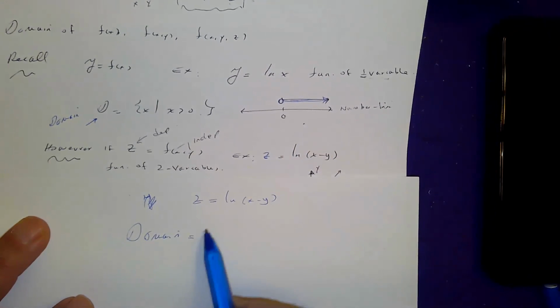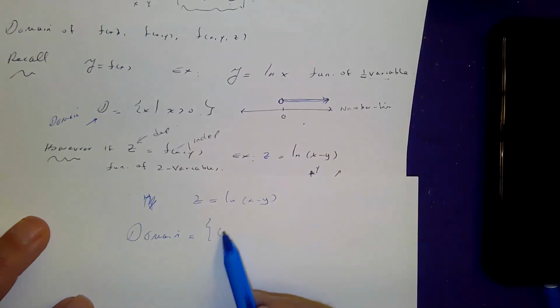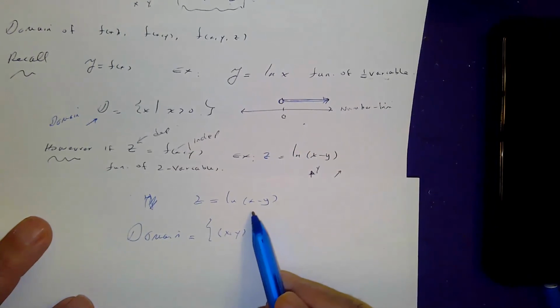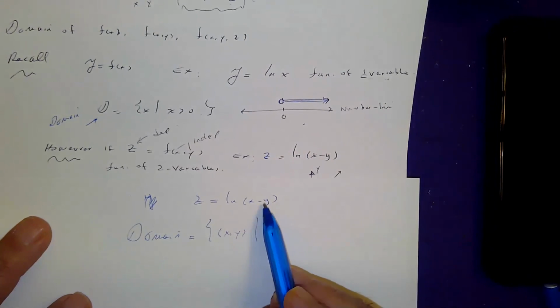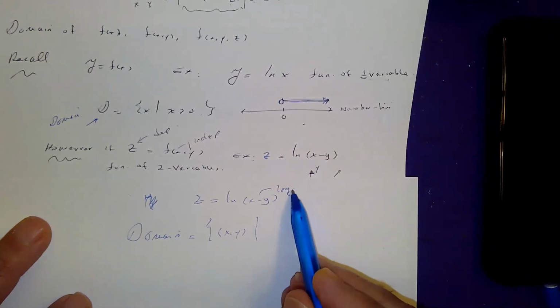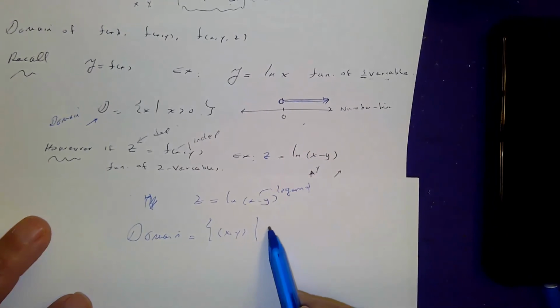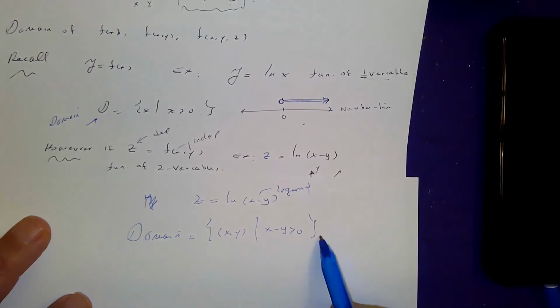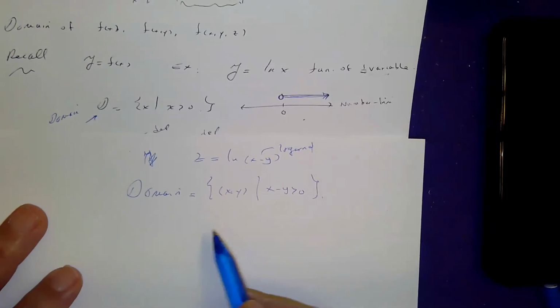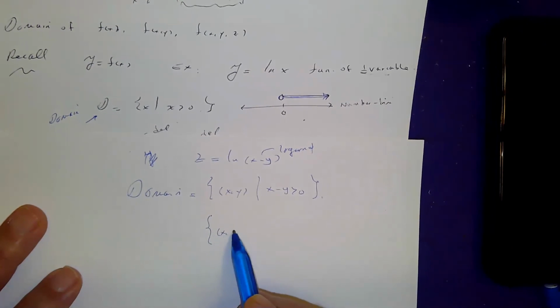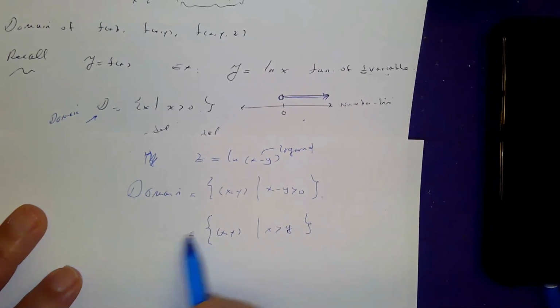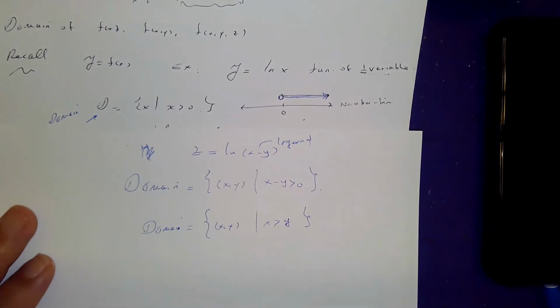So the domain now, instead of just x, is an ordered pair, such that, because this is natural log, the logarithm argument has to be positive. Okay, so what does that mean? That means any ordered pair such that x is greater than 1 will do the job for the domain of this function. Do you see it?